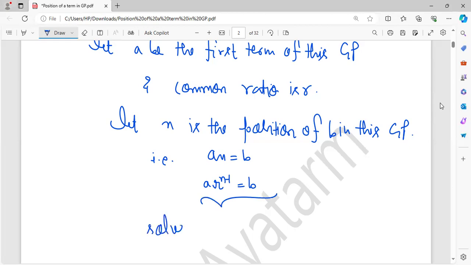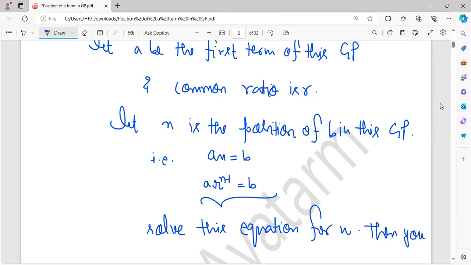Solve this equation for n. Then you will get the position of B in the GP.